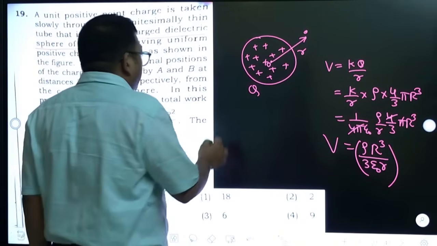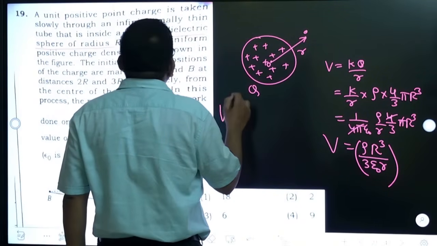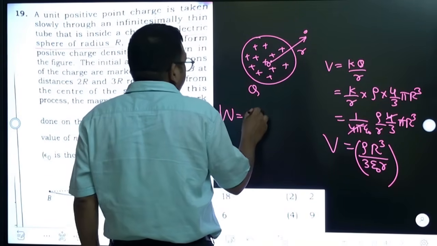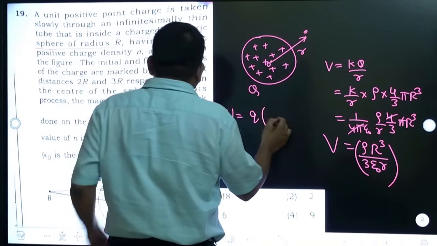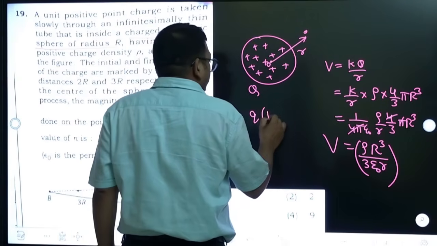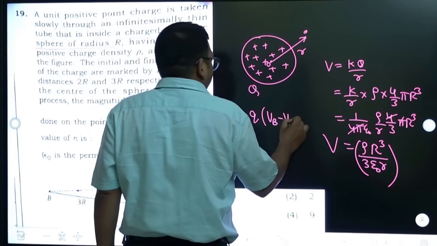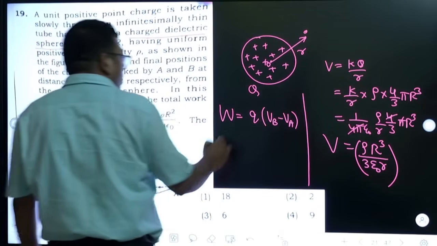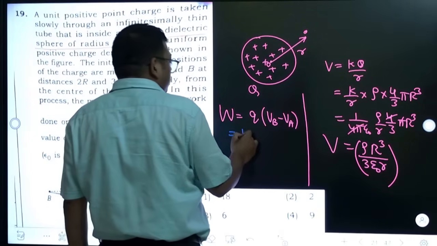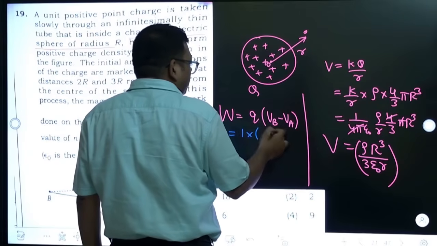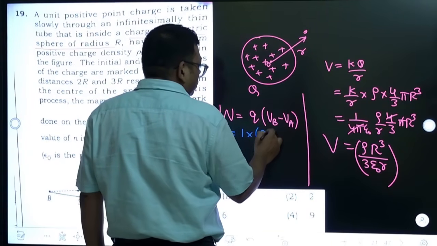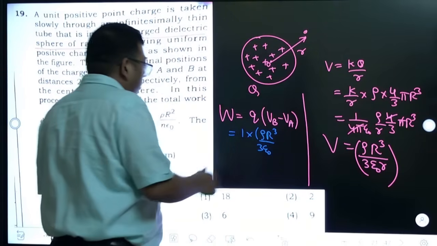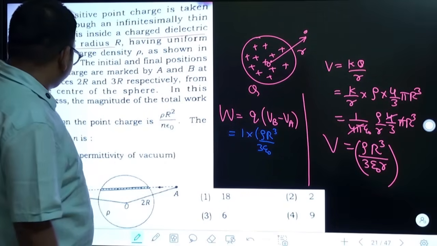We need to calculate work done, which means charge times potential difference. This charge is a unit positive charge, so its value is 1. You are going from A to B, so VB minus VA we have to calculate. First of all, for point B, the distance becomes 3R.